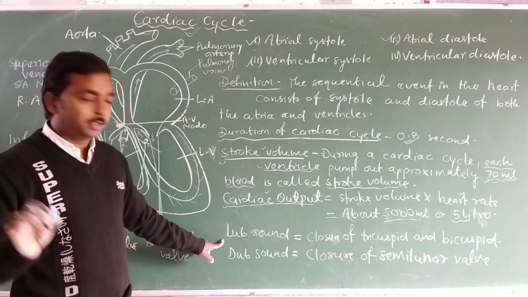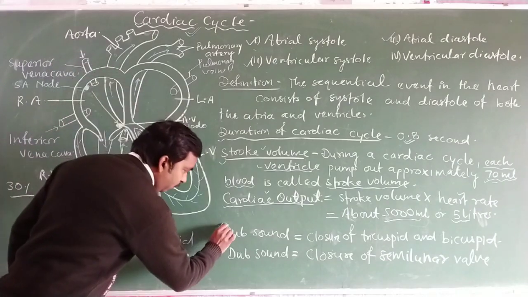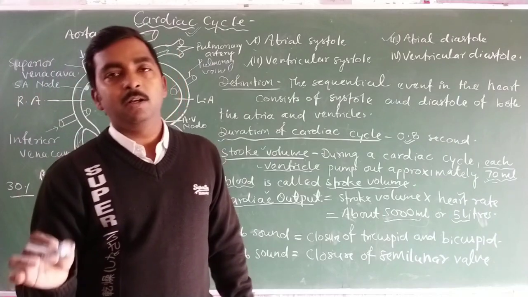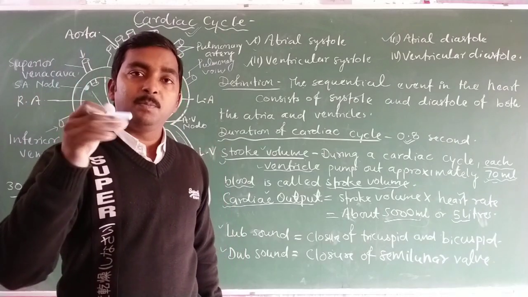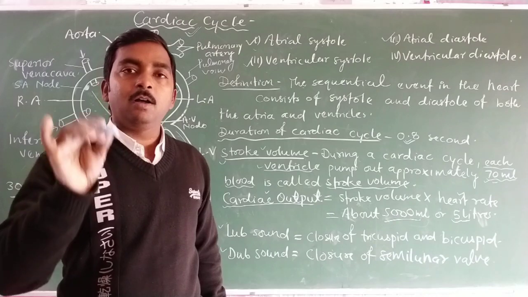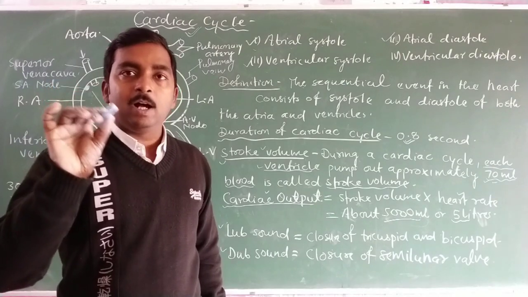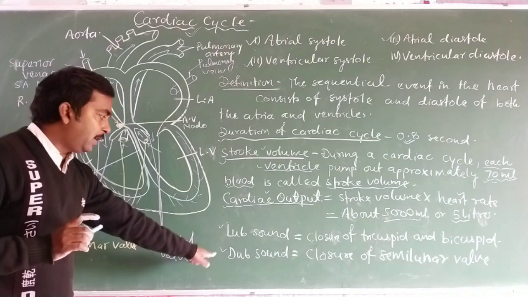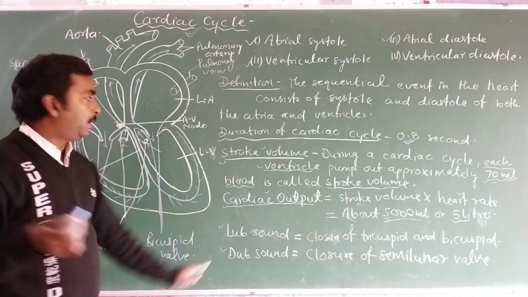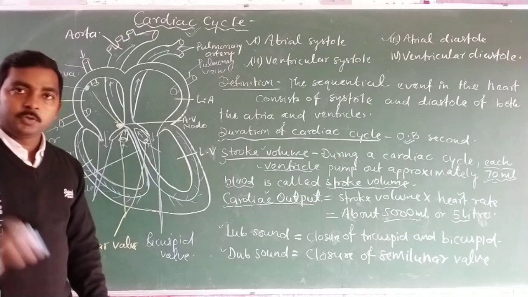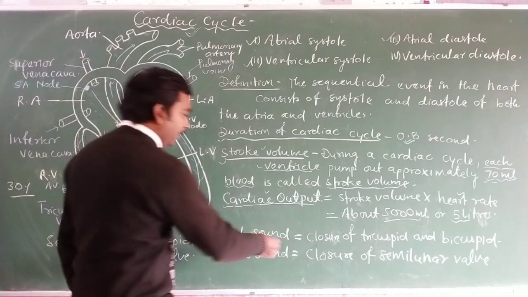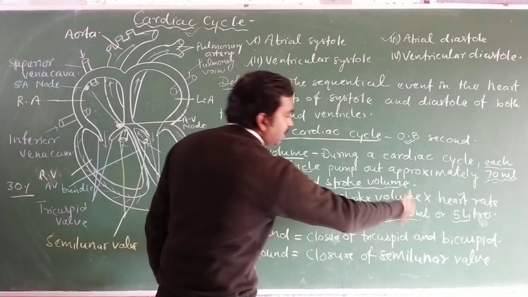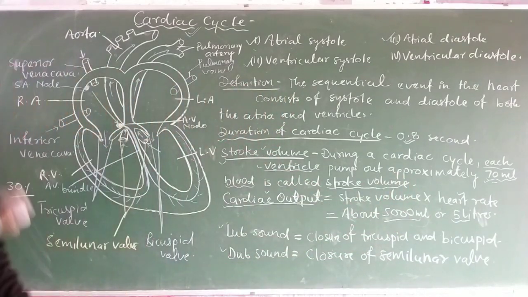Now we will also understand the lub sound and dub sound, where one lub sound and one dub sound make a complete cardiac cycle or a single heartbeat. So what do the lub sound and dub sound indicate in the heart? The lub sound is the sound created during the closure of the tricuspid and bicuspid valves.